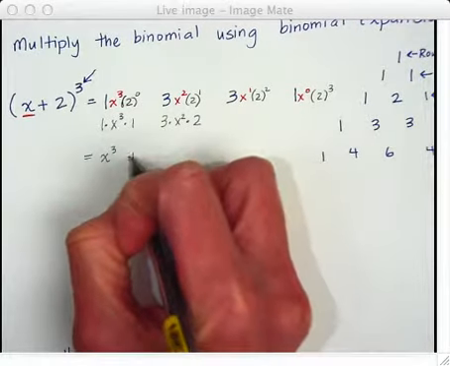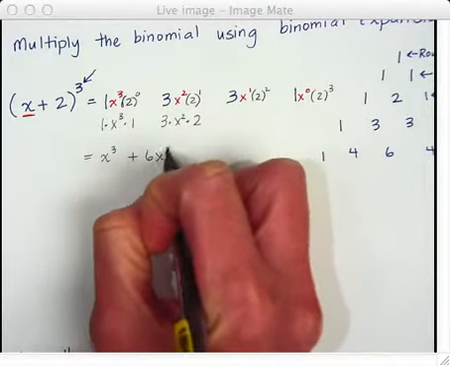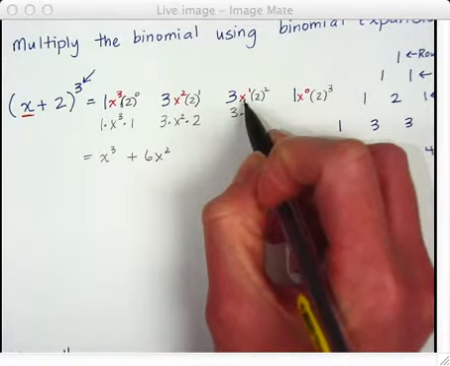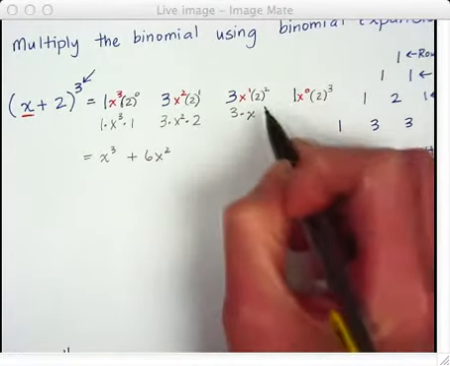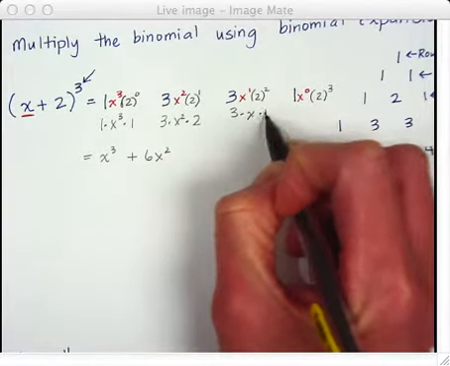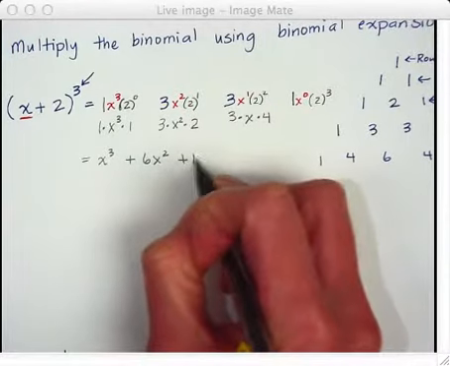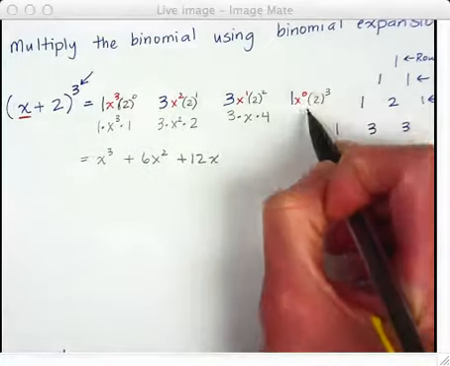So I put plus 6x squared. Here I have 3 times, well, x to the first, we would just write x, and 2 squared is 4. 3 times 4 is a positive 12x.